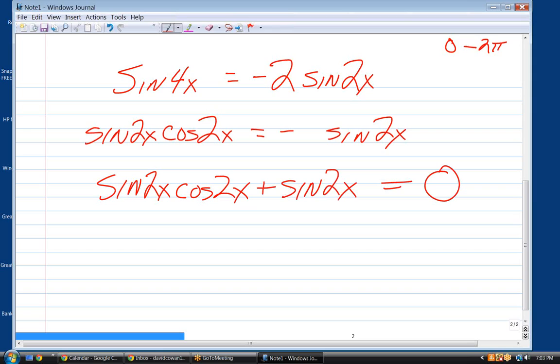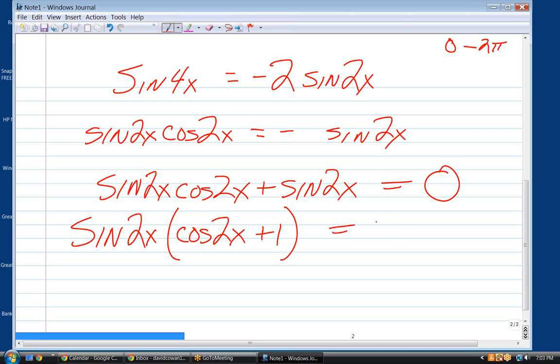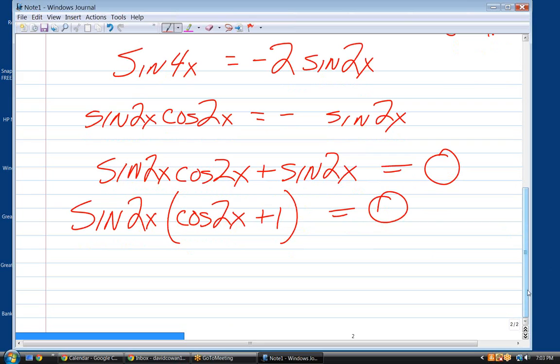And now what can we do? Factor out. Usually the solution to these things involves factoring at some point. Oh, right. So either that can be 0 or that can be 0.